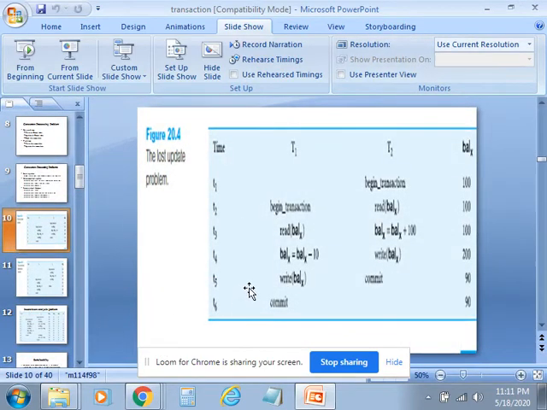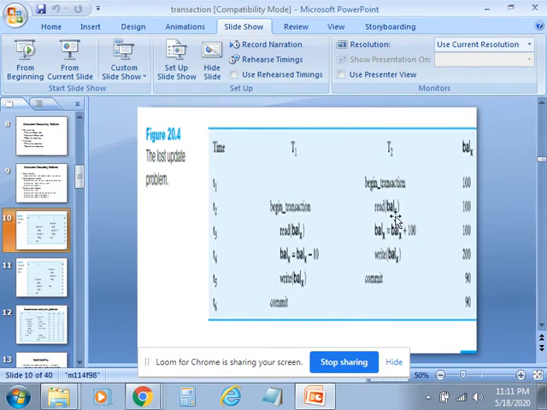This is avoided by preventing T1 from reading the value of X balance until after T2's update has been completed. So we can avoid this problem by preventing T1 from reading the X balance until after T2's update has been completed.